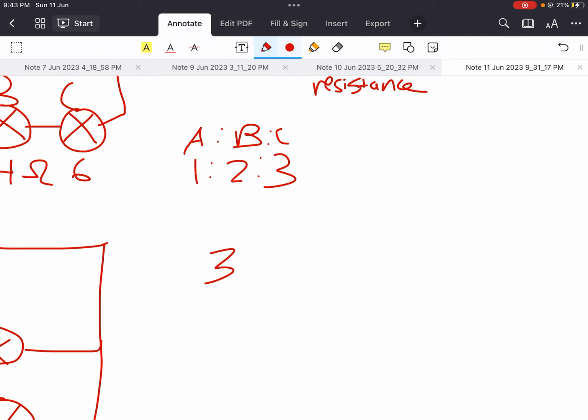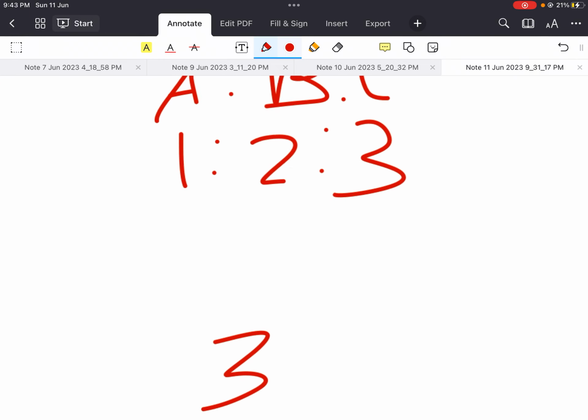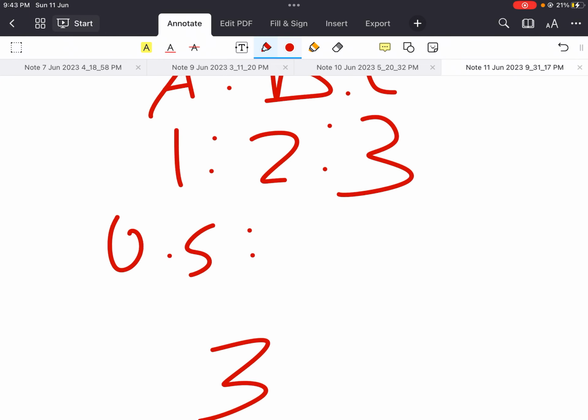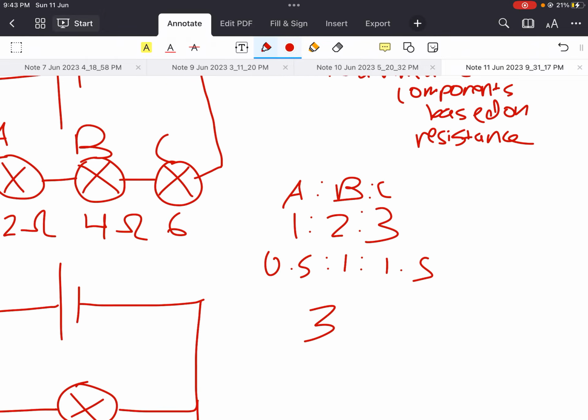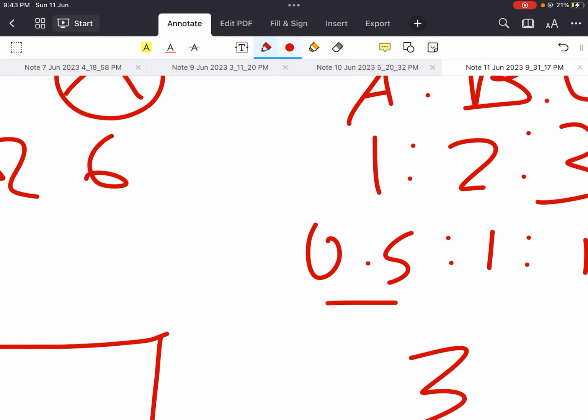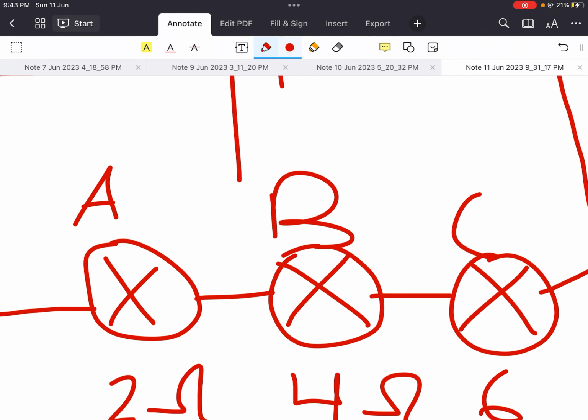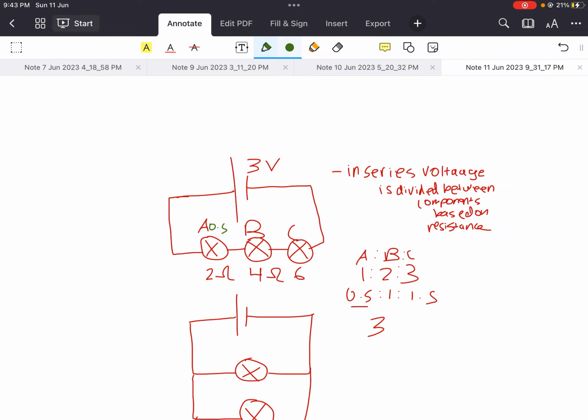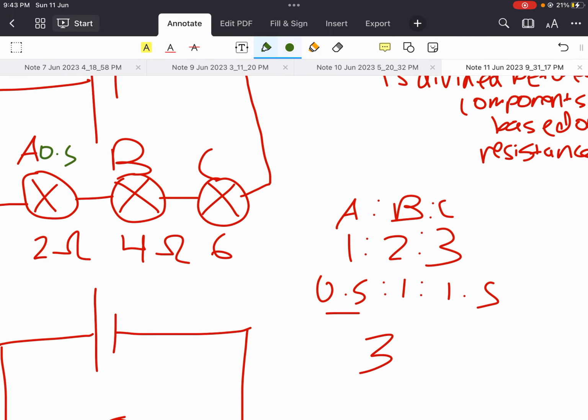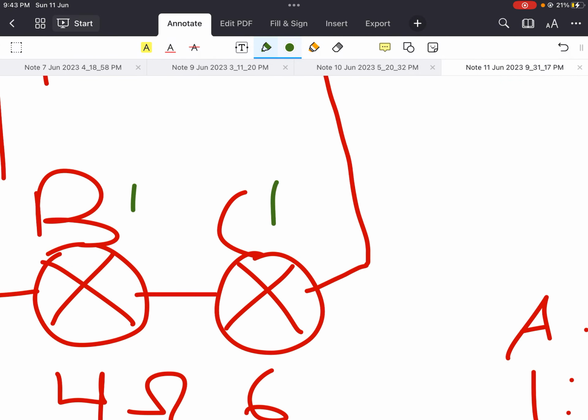Then you do 3 divided by 6, which is 0.5, and multiply that by 1, by 2, and by 3. So this is basically the voltage each of them gets. A gets 0.5, B gets 1, and C gets 1.5.